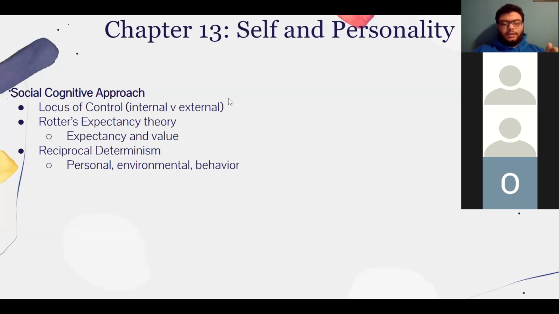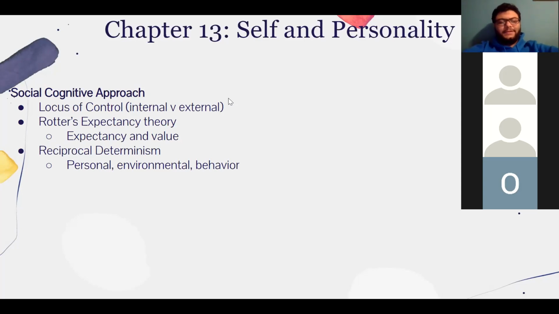Rotter's expectancy theory. How do you expect things to play out, and the value you put on how they play out? So, for example, I want an A in this class, but I expect around a B plus. But how badly do I want that A?